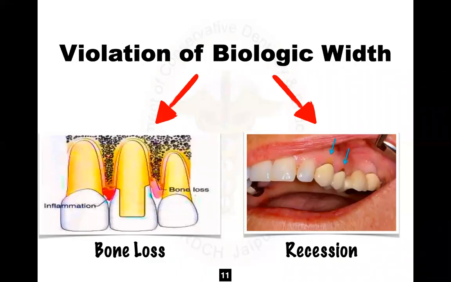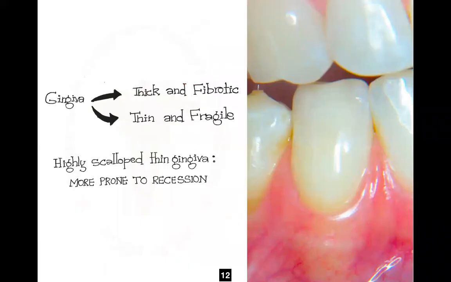Before I discuss a clear-cut way of evaluating violation of biologic width, I'm going to quickly throw a few important aspects at you to evaluate your biologic width in detail. Let's talk about the gingival biotypes.